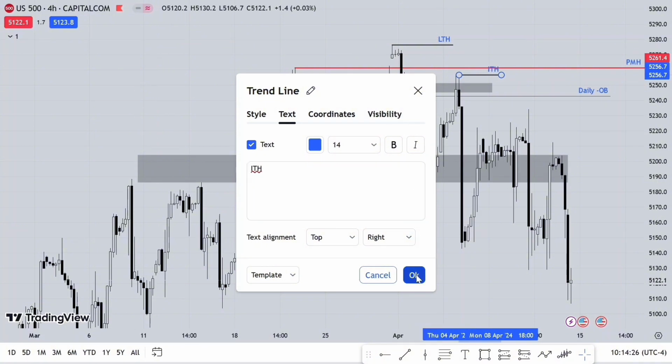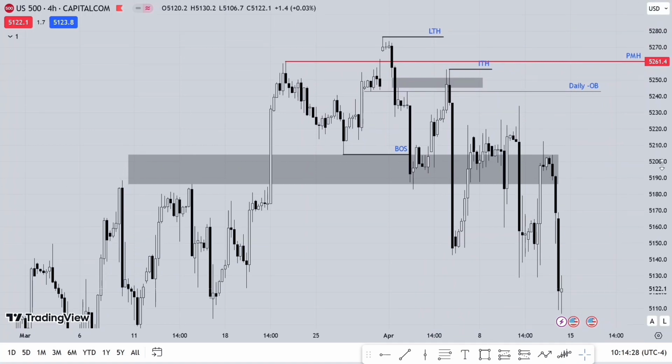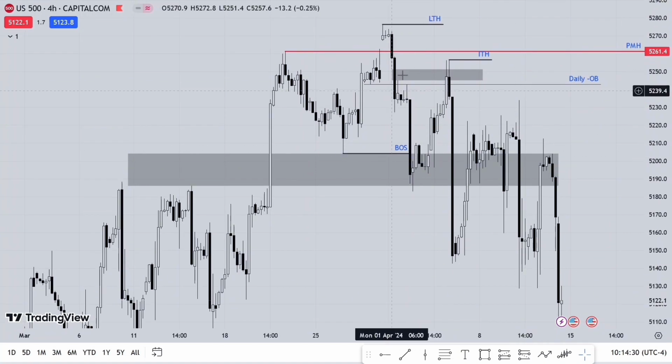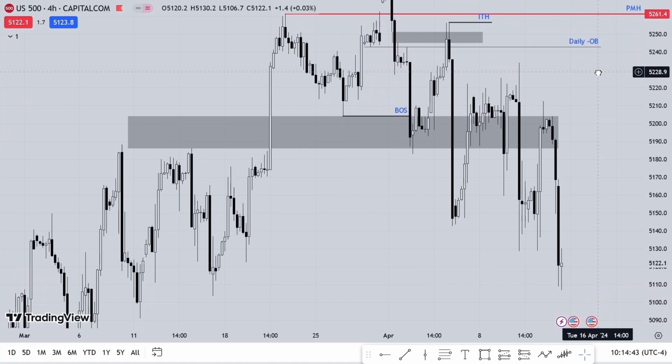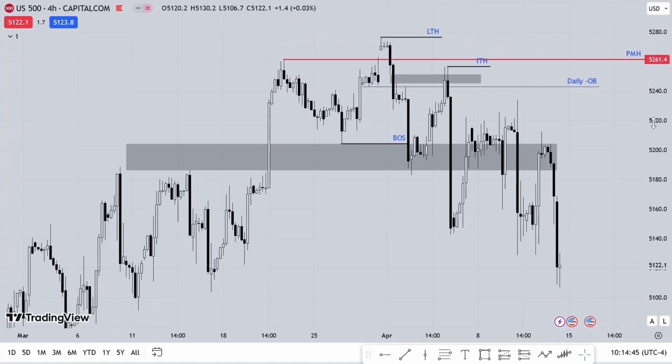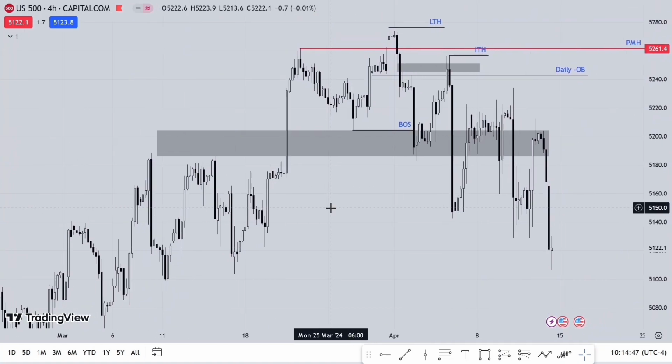Another characteristic of intermediate term highs is that they have short term highs at their sides, which is this high here and this high here. When trading, joint liquidity has been established on a higher time frame.